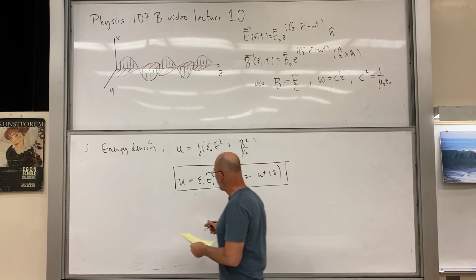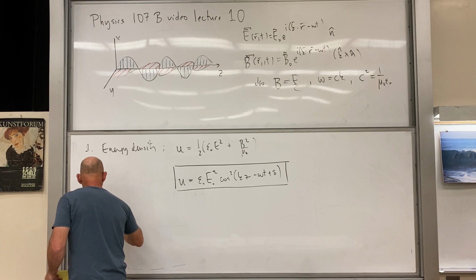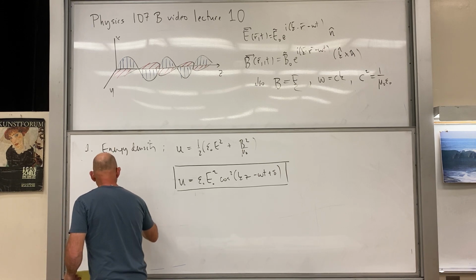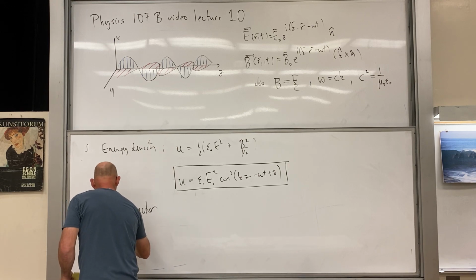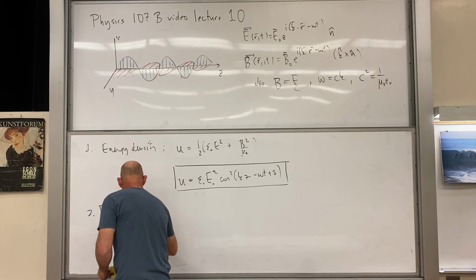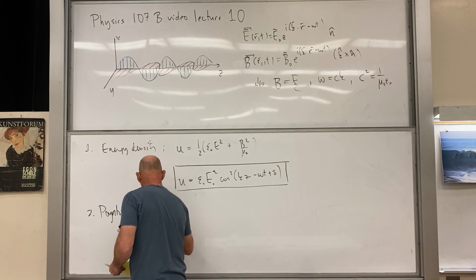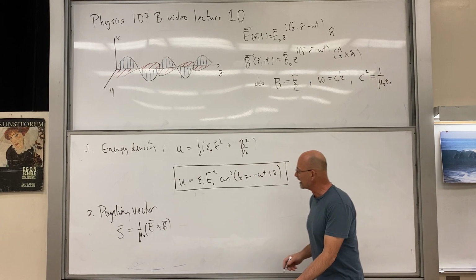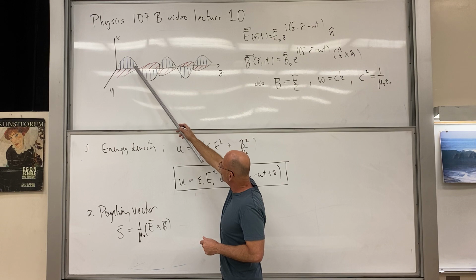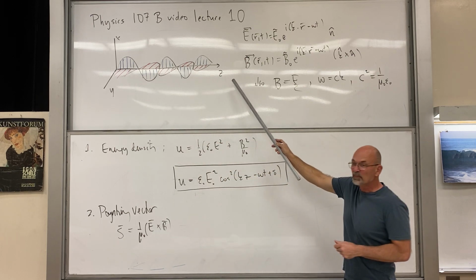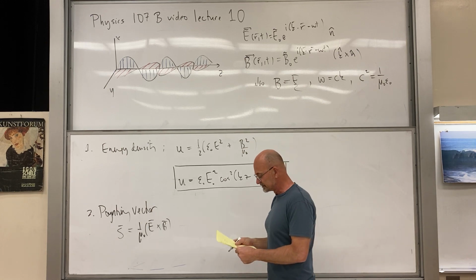Then we have the Poynting vector. And we know its definition, S is equal to 1 over mu naught E cross B. So let's inspect that before we evaluate it. So E cross B is clearly, with your right hand rule, pointing in the direction of propagation of the wave. It's going to be our energy flux, so that's an important one.